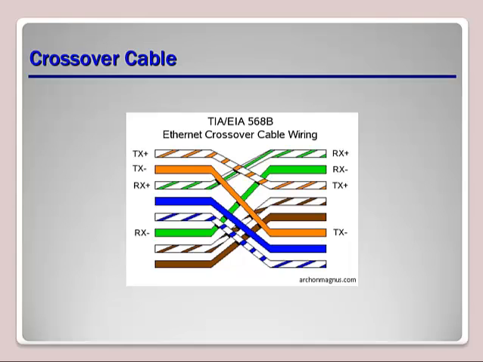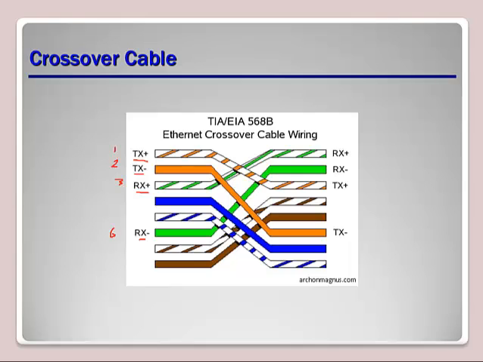All right, and here it is, an Ethernet crossover cable wiring. So in this one, if this is pin 1, this is 2, this is 3, this is 6, 1 and 2 are transmitting, 3 and 6 are receiving. What we're going to do is swap the transmits on one side with the receives on the other.